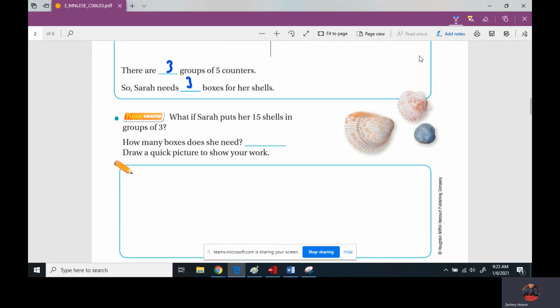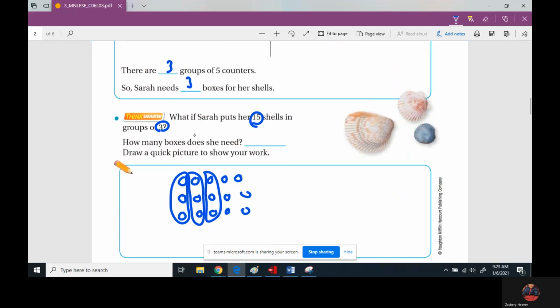The next one. What if Sarah wanted to put 15 shells in groups of 3? How many boxes does she need? Let's try it. I'm going to draw my 15 counters again, and I'm going to circle groups of 3. 1, 2, 3, 4, 5.